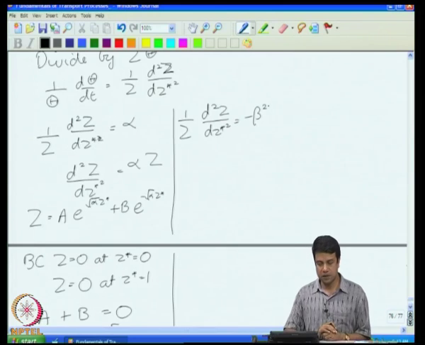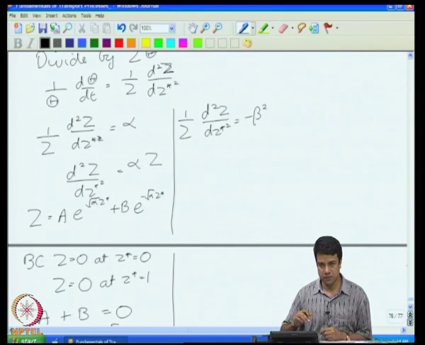So that this alpha is negative, so that the constant that I have here is a negative value. Beta square is always positive and therefore, the right hand side is negative.